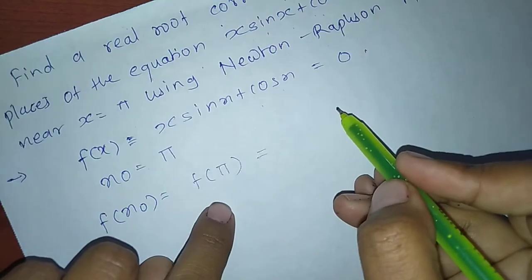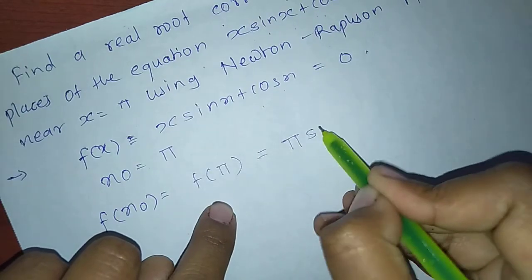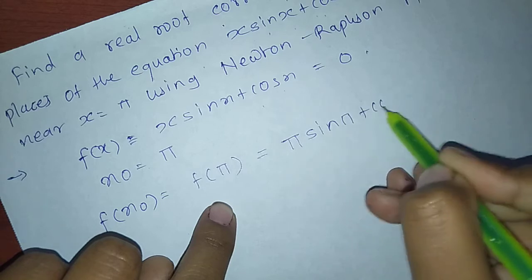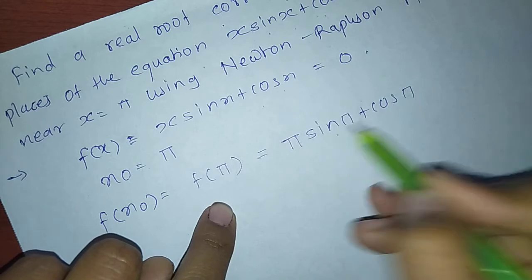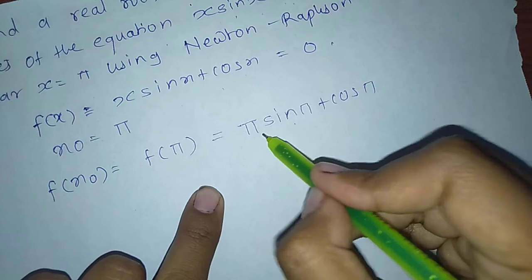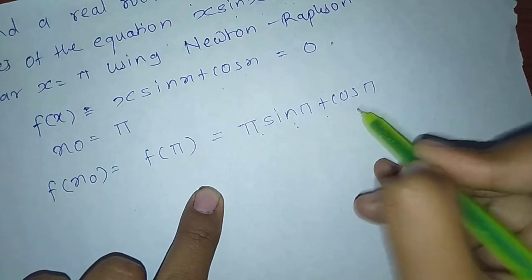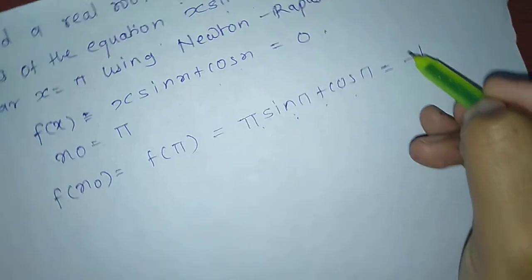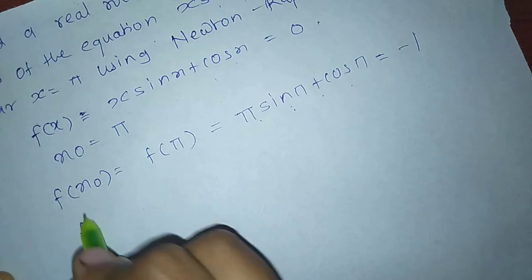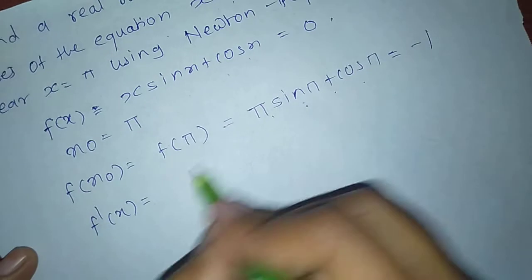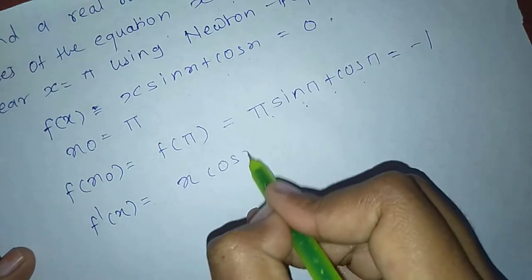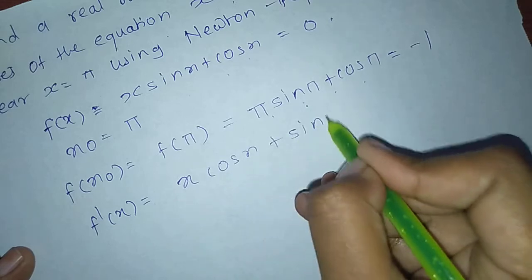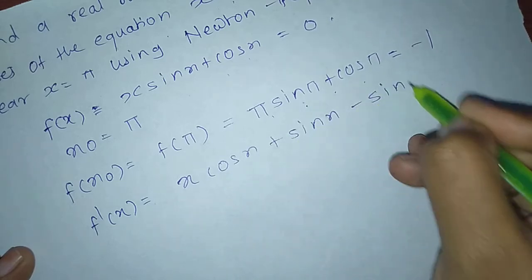x naught equal to pi means f of pi equal to pi sin pi plus cos pi. Sin pi is 0, cos pi is minus 1. Pi into 0 plus minus 1 equal to minus 1. Now f dash of x equal to x cos x plus sin x minus sin x.